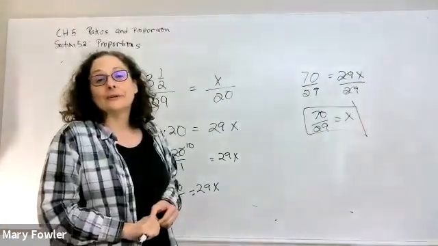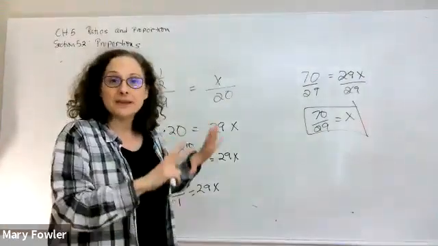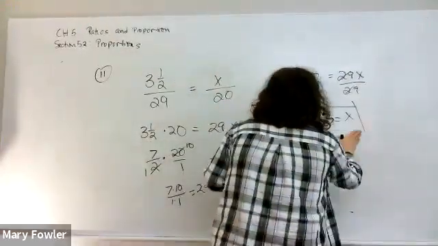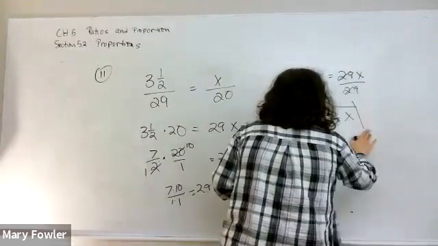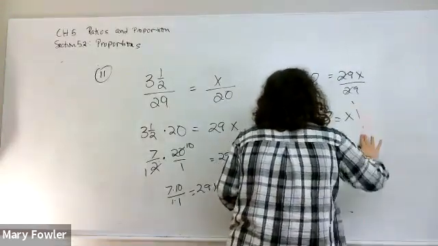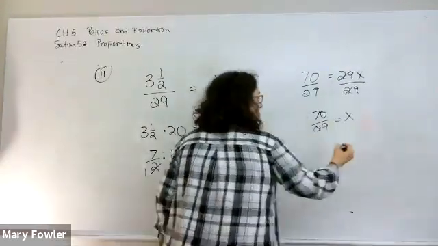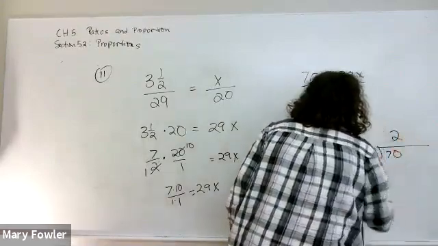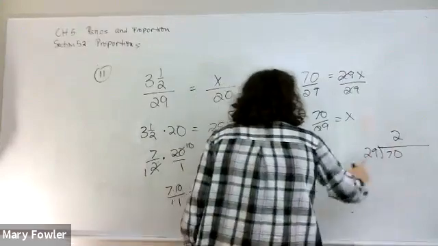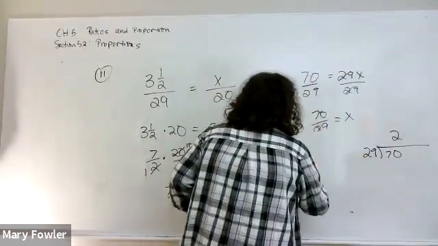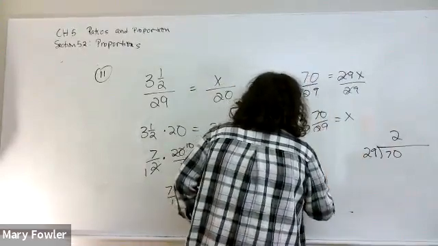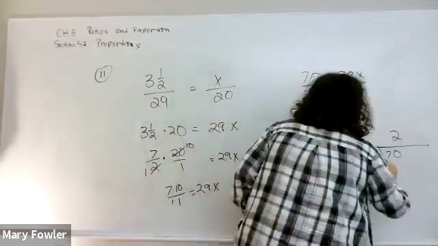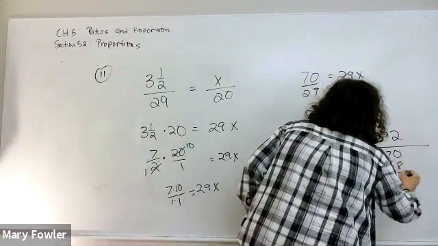And then I went and looked at the answers, and I see that they have the answer expressed as a mixed number. So let's go ahead and rewrite 70 over 29 as a mixed number. 29 goes into 70 2 times. 29 times 2 is 58.